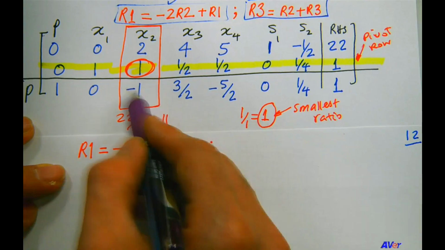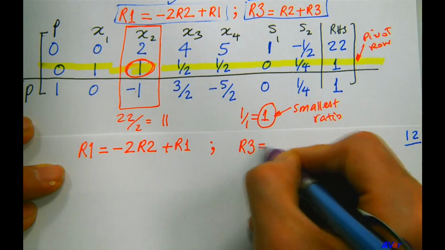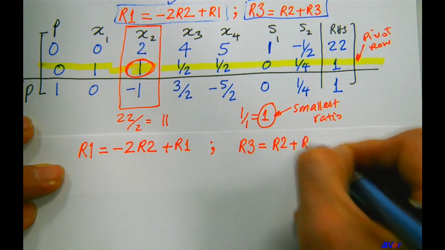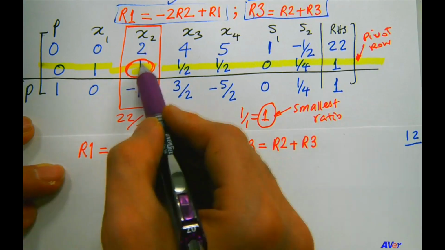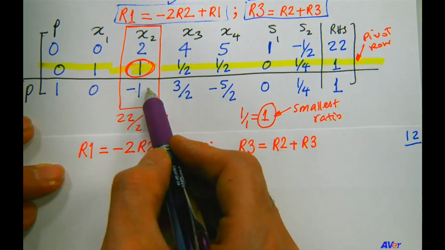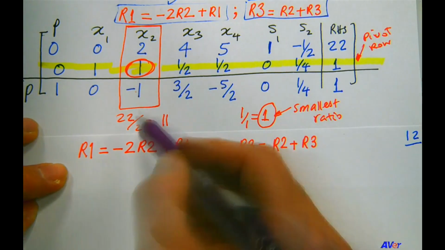Negative 1 is in the third row, right? So row 3 is equal to row 2 plus row 3. Simply add row 2 to row 3, right? Because all we need is a positive 1 to add to this negative 1 to make it 0. And that's how we're going to get it.